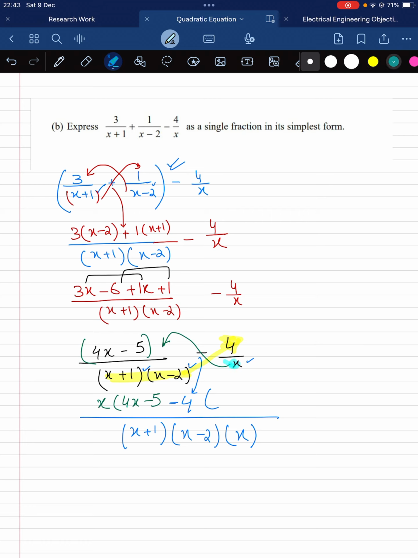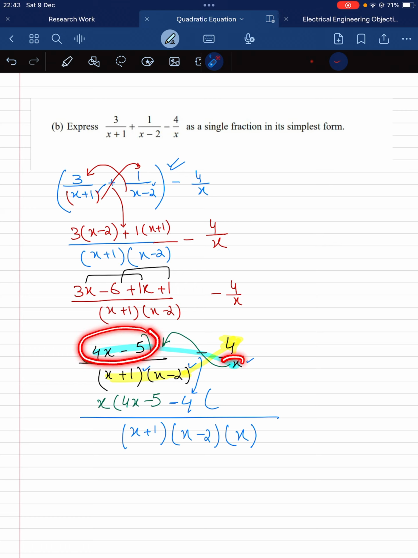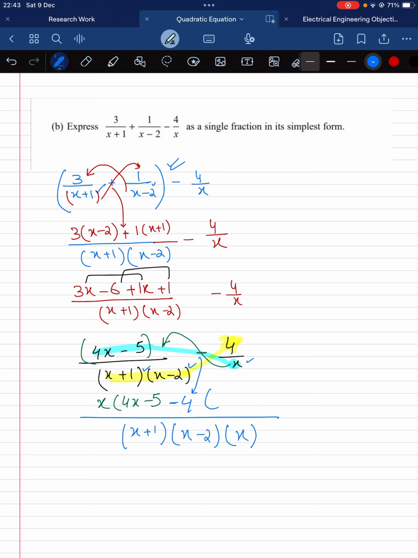This term was multiplied with this number, and this term would multiply with that number. This is the same thing as we did in this step. We multiply 3 with this value, and we multiply 1 with this value. In the same way, we multiply 4x minus 5 with x, and we multiply the 4 with these two terms. So we are just cross multiplying.